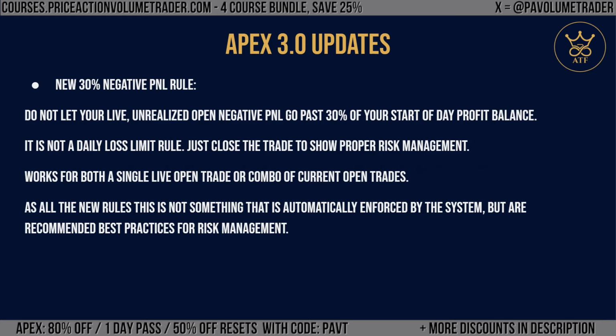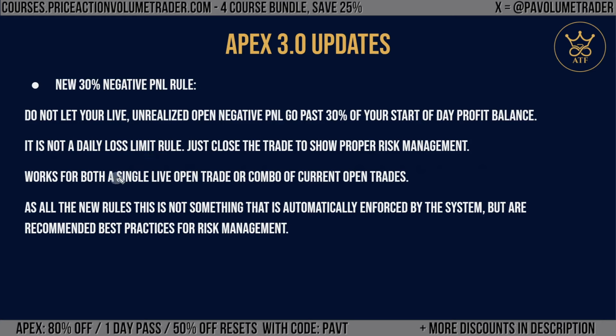They make clear this is not a daily loss limit rule. They just expect you to close the trade in order to show proper risk management, that you're not going to allow a trade to go past 30% of your net balance.